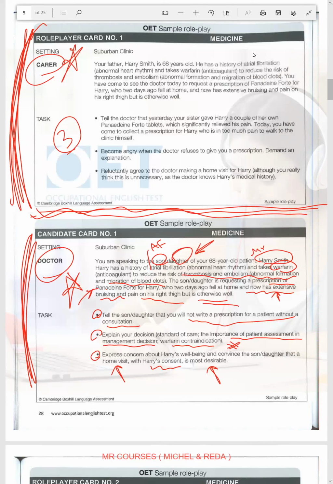I really appreciate that, but let me explain some standards of care that are very vital. It is necessary for the patient to be assessed for decision making, because warfarin will be contraindicated in his condition. I want to see him, examine him, and all of this.